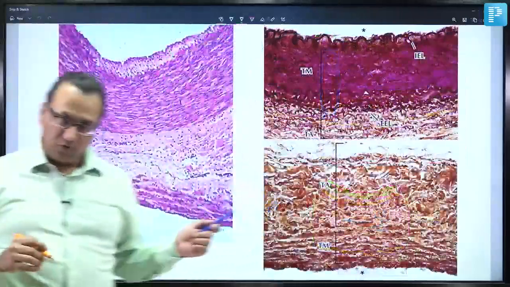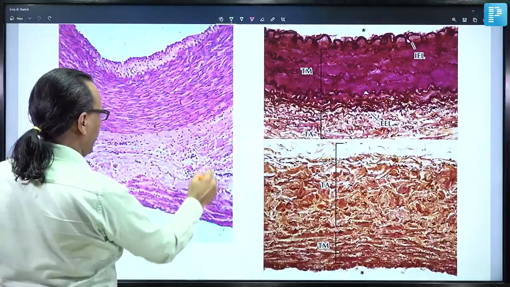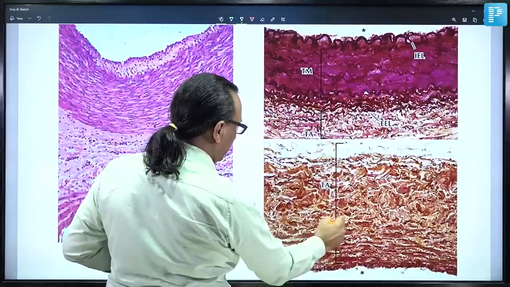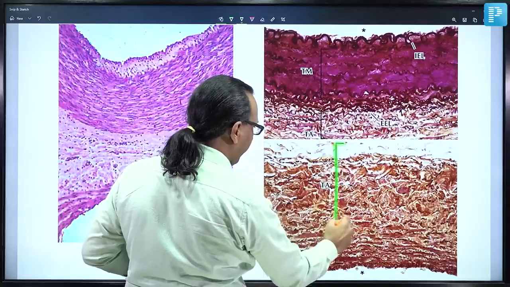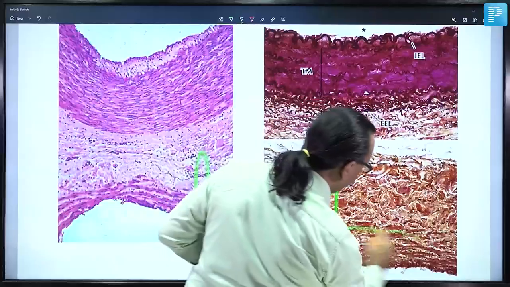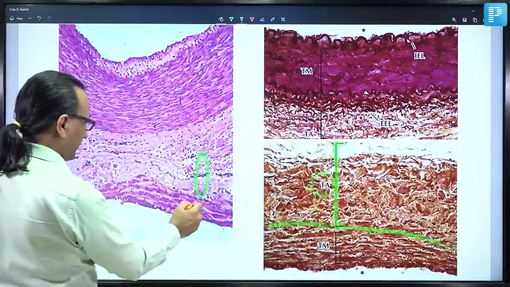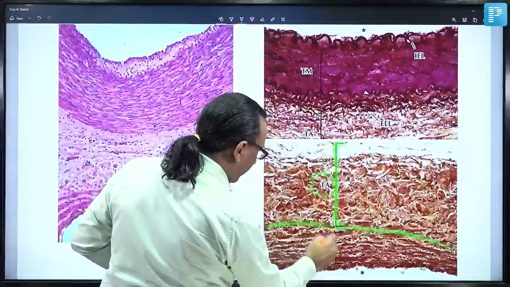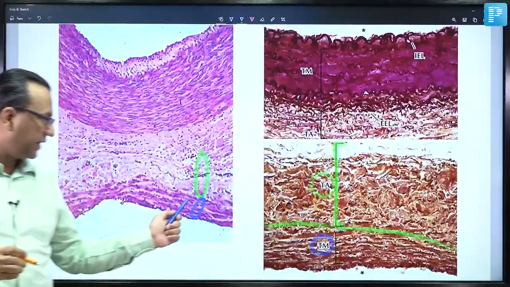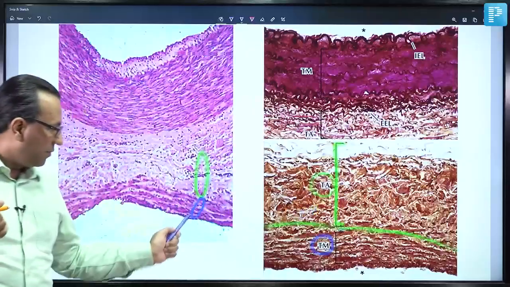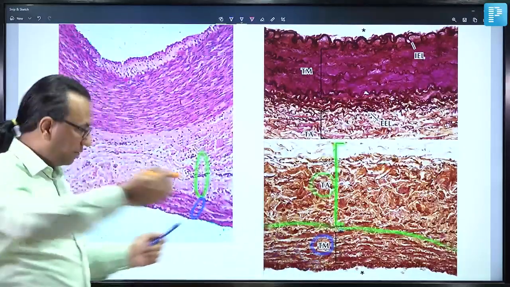Immediately you can notice that this tunica externa or tunica adventitia of the vein is significantly larger as compared with the tunica media, which is here. This is the tunica media of the vein. If you compare the proportion, you will find tunica adventitia is 2/3 and tunica media is 1/3.